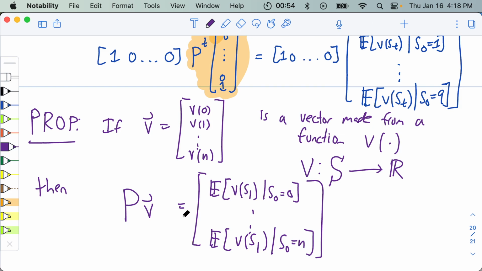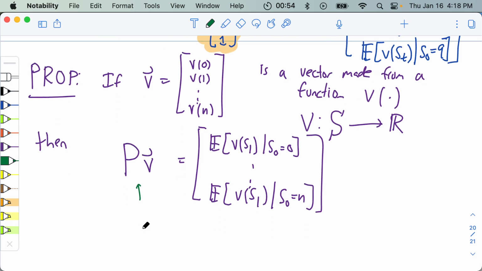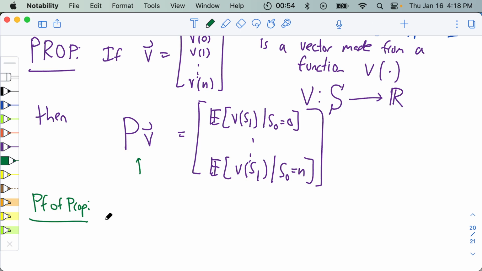And the proof of this is very similar to the proof we did before. You just write out what it means to do a matrix product, and it's going to fall right out. So let's do the proof of the proposition. I'm going to take the a-th component of the left-hand side.